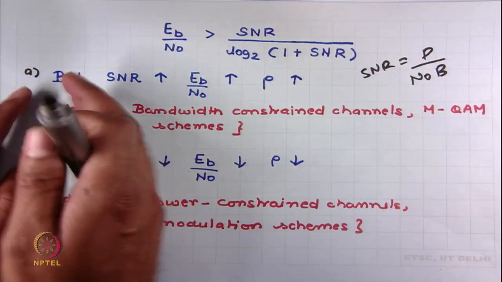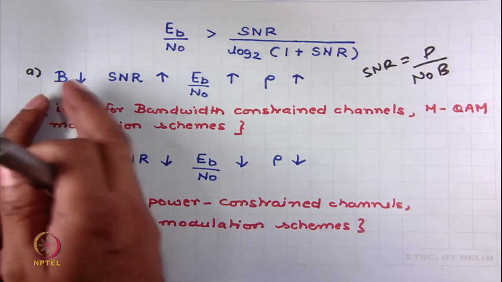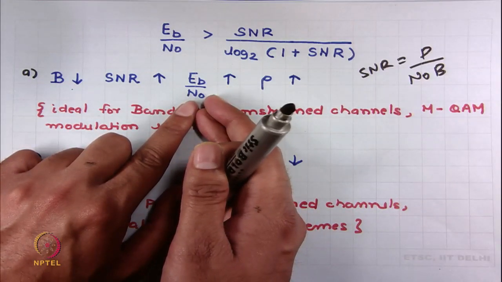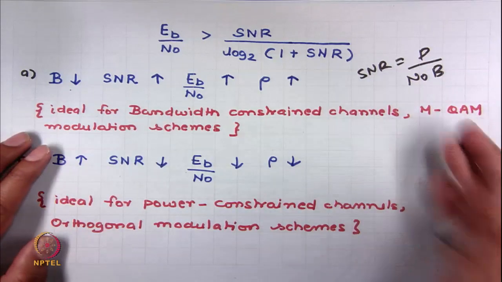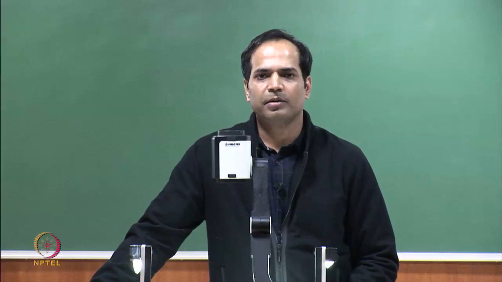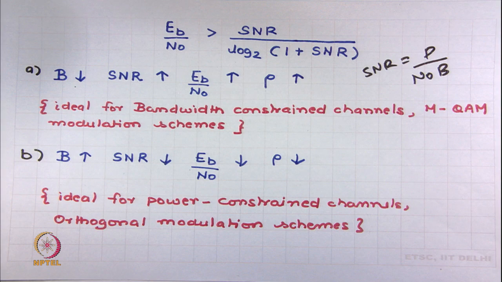So, once we want to reduce bandwidth, which we want to do in bandwidth constrained channels, the penalty that you have to pay is you need to have large EBNOs. And QAM based modulation schemes are best to do that, because you can have a larger and larger spectral efficiency by having larger M's without increasing ES too much, and you can pack more data over a given bandwidth. So, we have seen the modulation schemes which are ideal for bandwidth constrained channels.